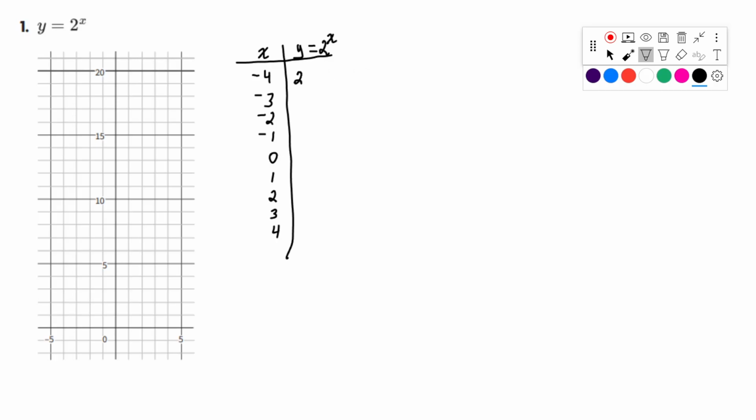So 2 to the -4 is going to be the same as 1 over 2 to the 4th.